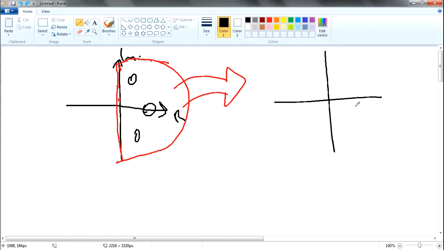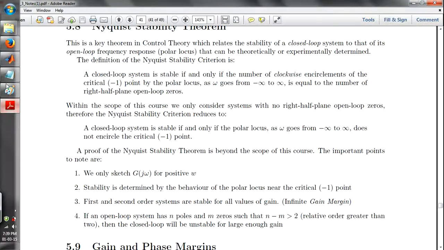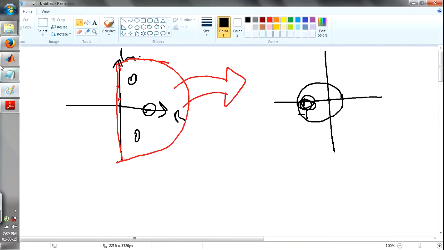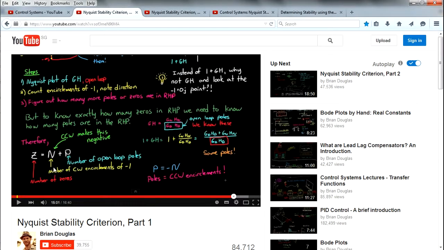Let's say this is negative one. If you have a Nyquist plot and you circle 3 times, this means 3 times plus whatever poles you have gives the number of zeros.